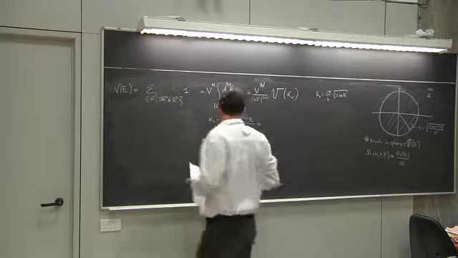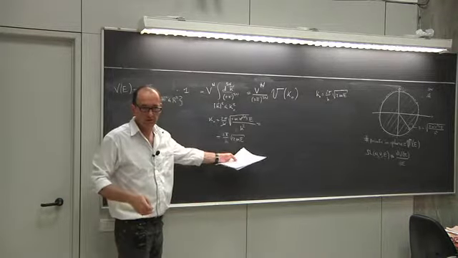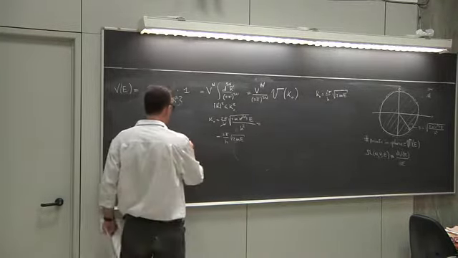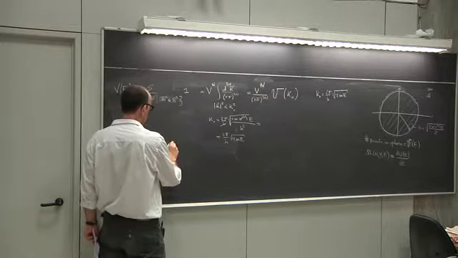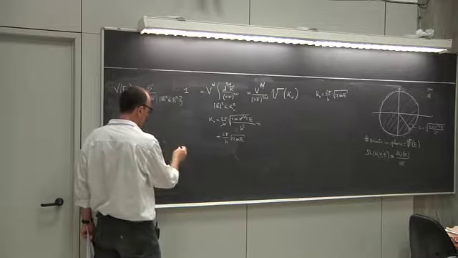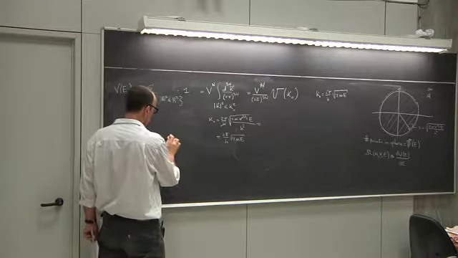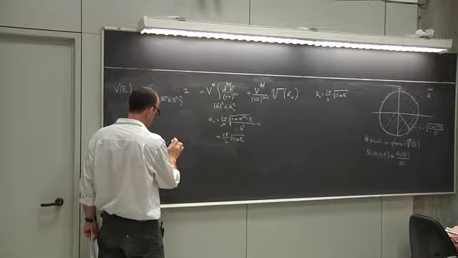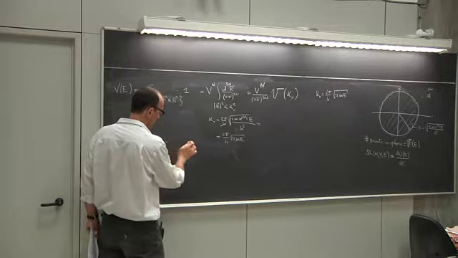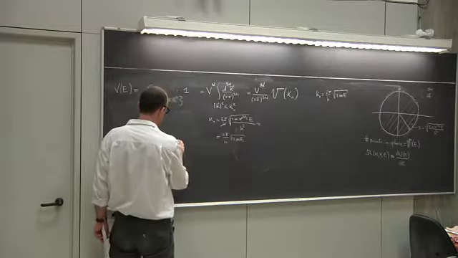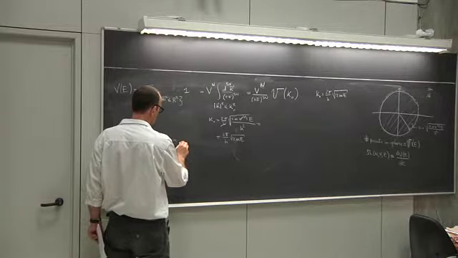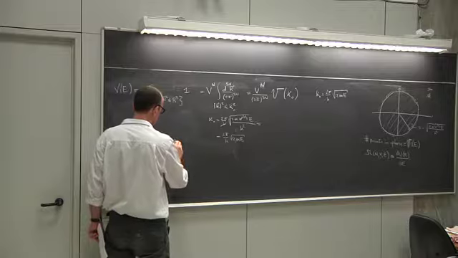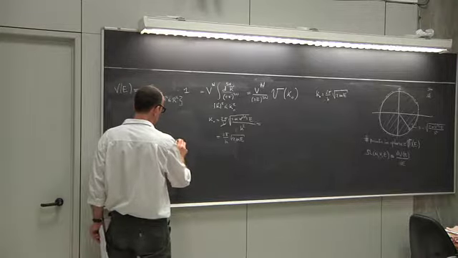Sorry. Now let's compute these units. Okay, so h is length times momentum, which is mass times length squared divided by time, right?